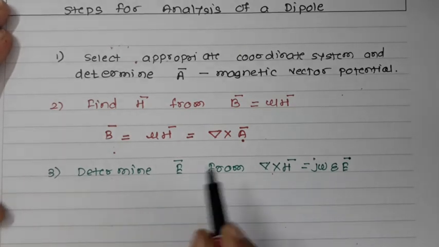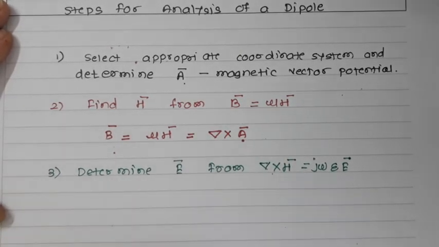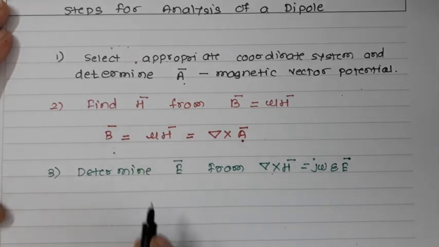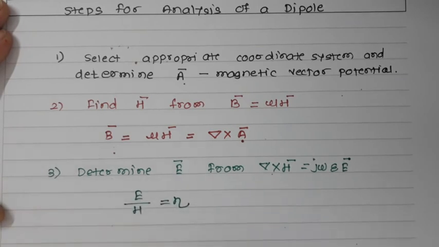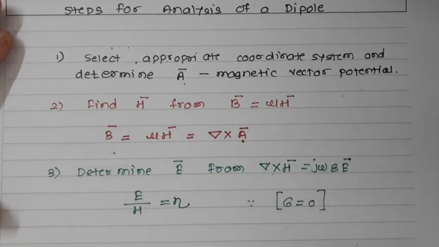Because you have found A, you have found H. So you can find out E bar by using E by H is equal to intrinsic impedance. Here you are assuming that your medium is lossless, means rho is equal to 0. So this is the third step.